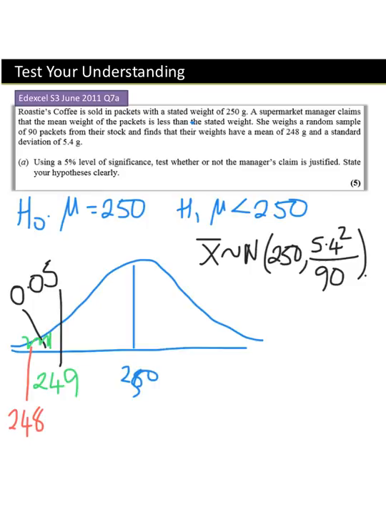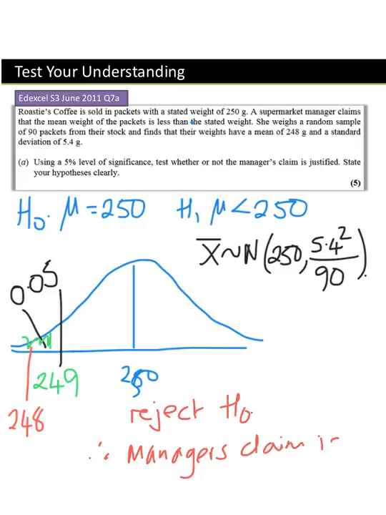So we can say that there is sufficient evidence to reject the null hypothesis, and therefore the manager's claim is justified. So again, referring to the context of the question again.